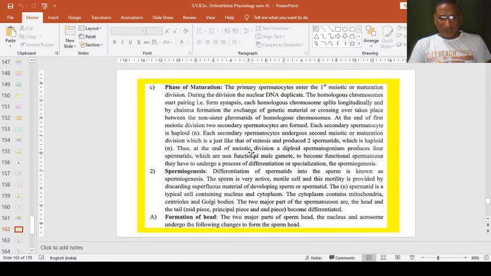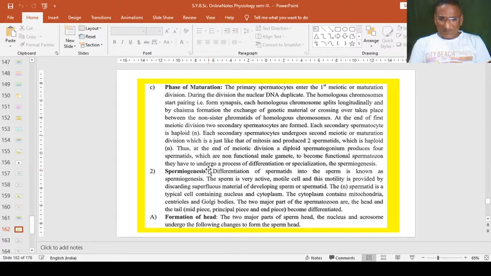Thus, at the end of meiotic division, a diploid spermatogonium, 2n, produces four spermatids, which are non-functional male gametes. To become functional spermatozoa, they have to undergo a process of differentiation and specialization: spermiogenesis. The second process is spermiogenesis.